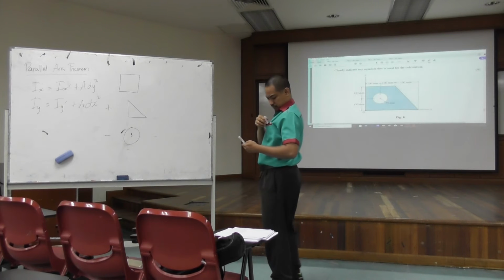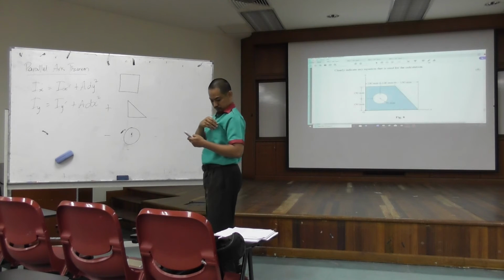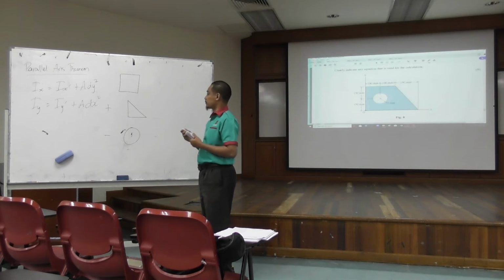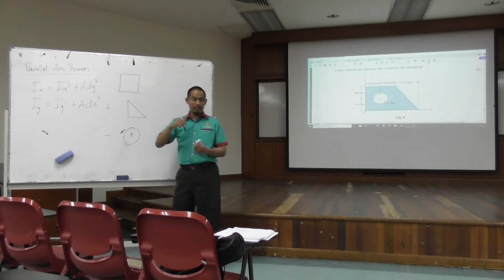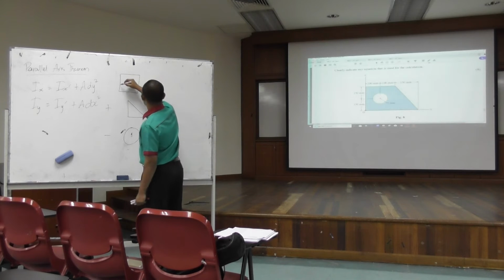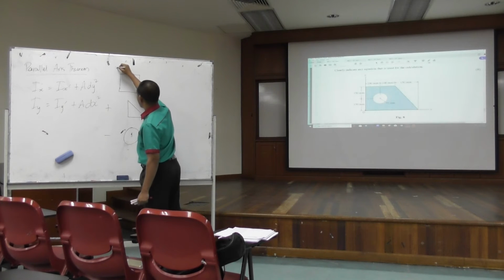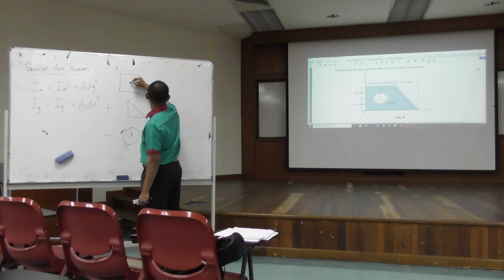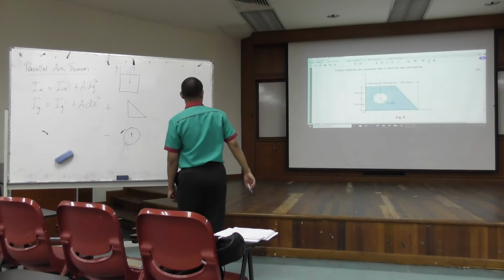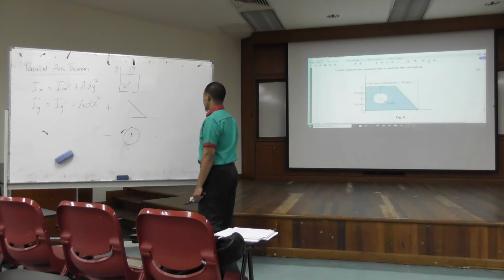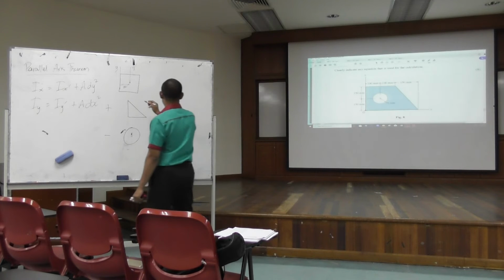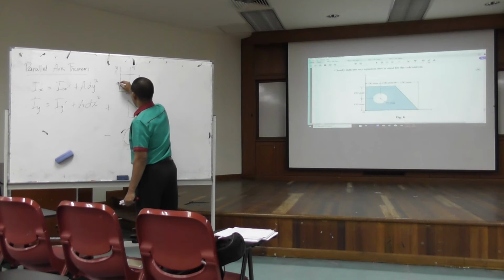Where is the axis? Because for Iy, everything is relative to the y-axis. So for this one, the y-axis is here, and y prime will be here. In that case, the x will be 100, because the dimension is the same as before, 200 and 300.